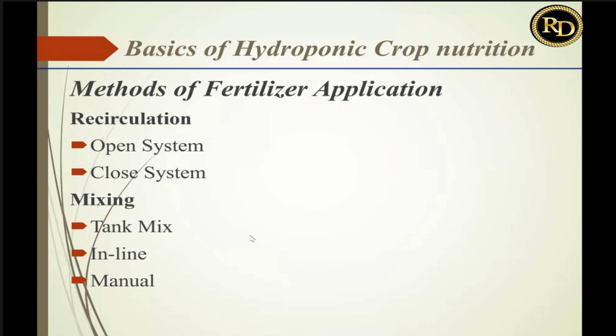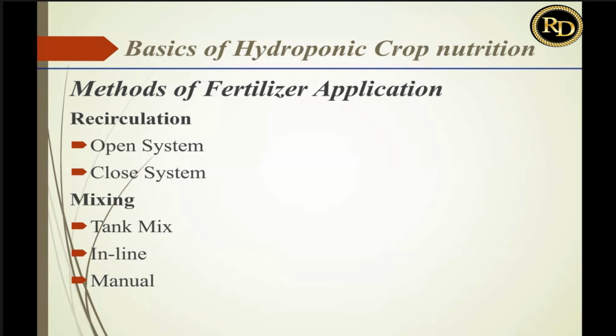Second, based on mixing, we can classify the fertilizer application method as tank mix, automated, and inline. These are three different ways you can supply fertilizer to your hydroponic unit. In tank mix, there is one tank as the source of water supply to your crop.